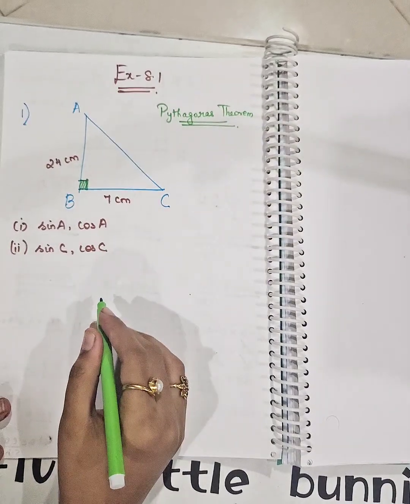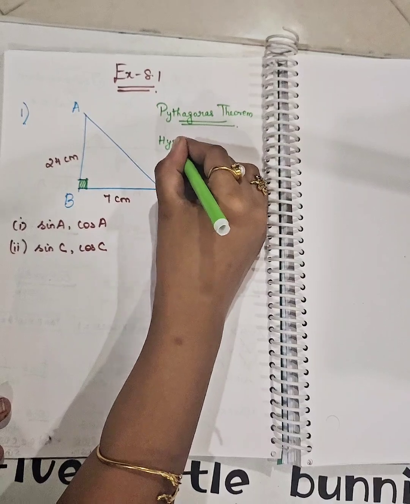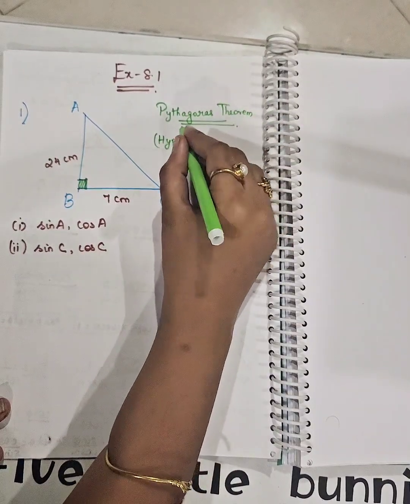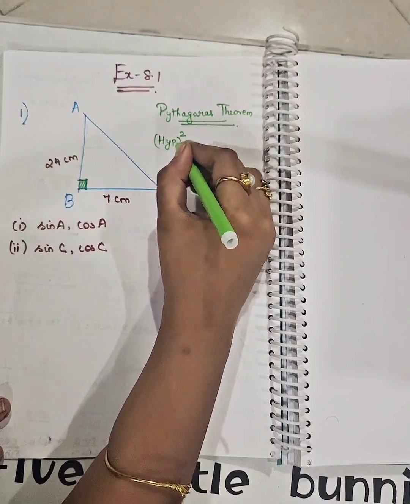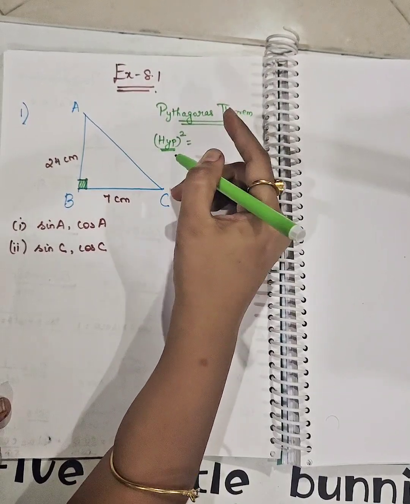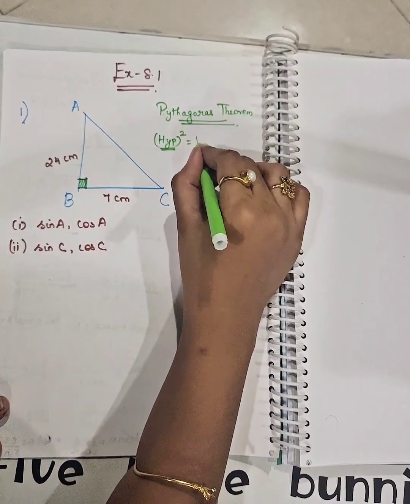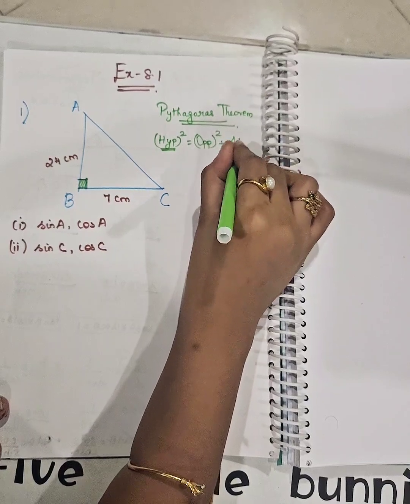what is the formula for Pythagoras theorem, students? We already know how to identify which is hypotenuse, which is adjacent, and which is opposite side, right? So the formula for Pythagoras theorem is hypotenuse square, which is otherwise called the longest side, equals opposite square plus adjacent square.